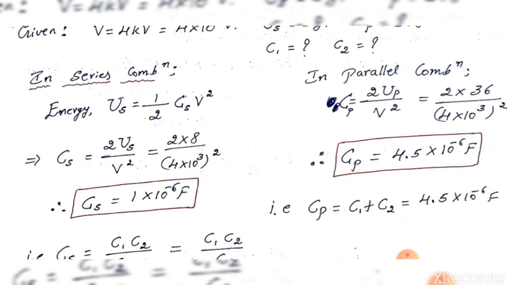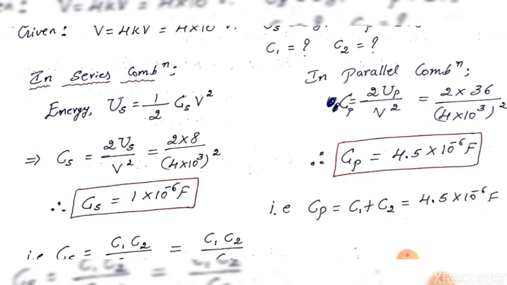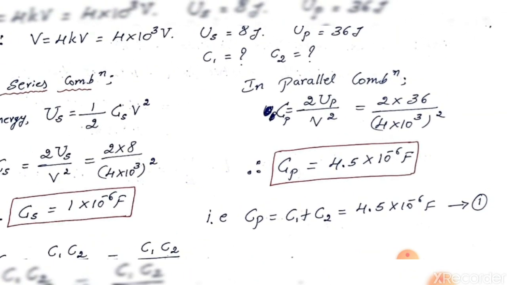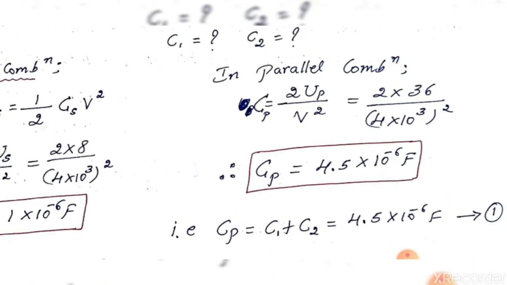Next, look at the parallel combination. In the same way that we wrote CS as 2US by V square, we can write for the parallel combination CP in terms of energy. CP is equal to 2UP by V square. The energy in parallel combination is 36 joule. Substitute it.